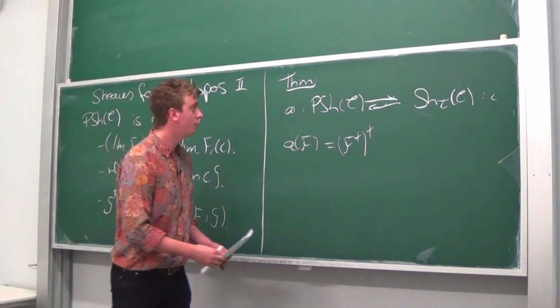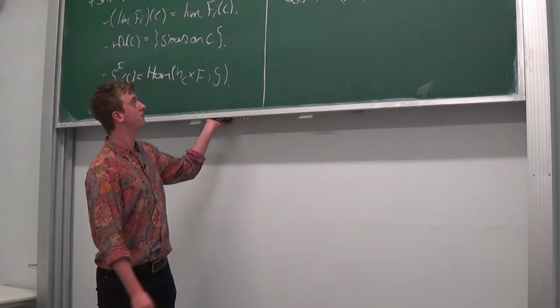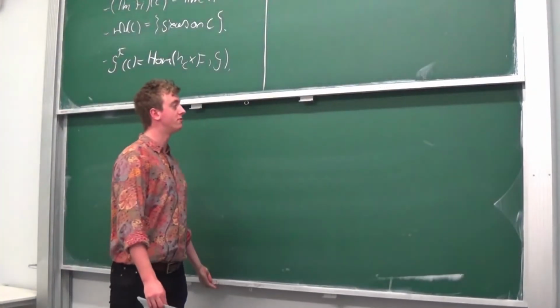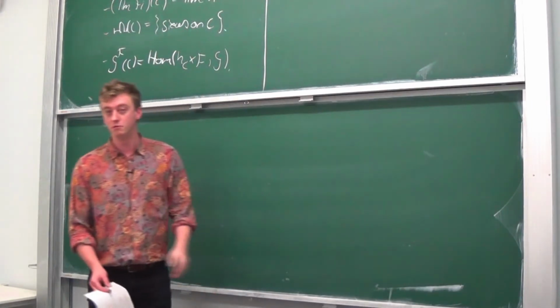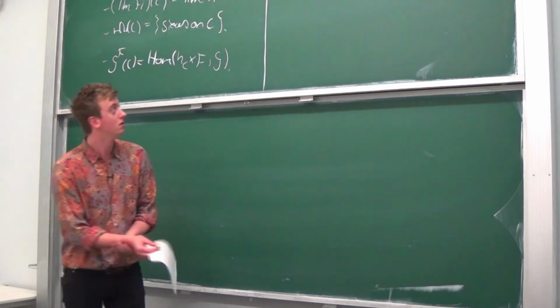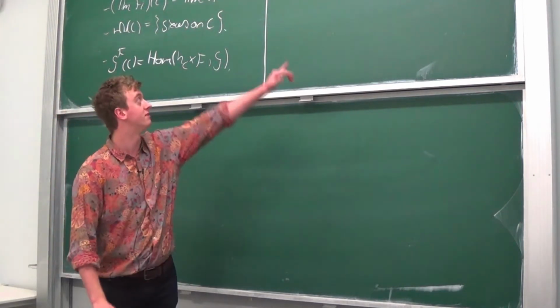Okay, so in this talk we want to show that the category of sheaves forms a topos. So we're going to have to go through the same process, more or less. We'll show that limits and colimits exist, we'll show that there is a subobject classifier, and we'll show that there is an exponential. So limits and colimits we can actually do straight away as a corollary of this theorem.